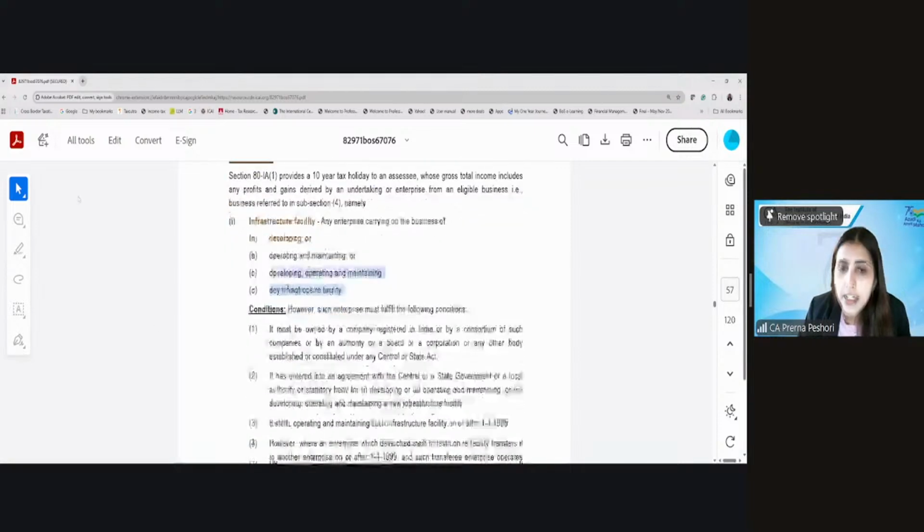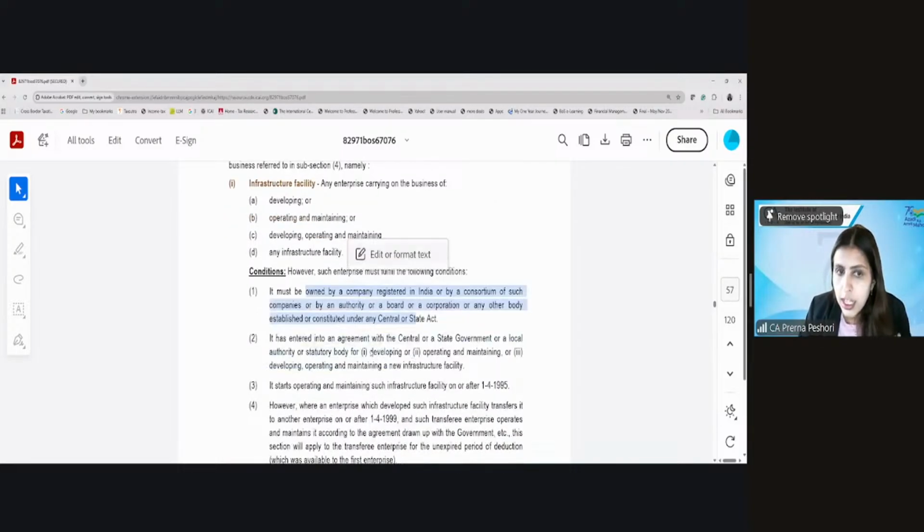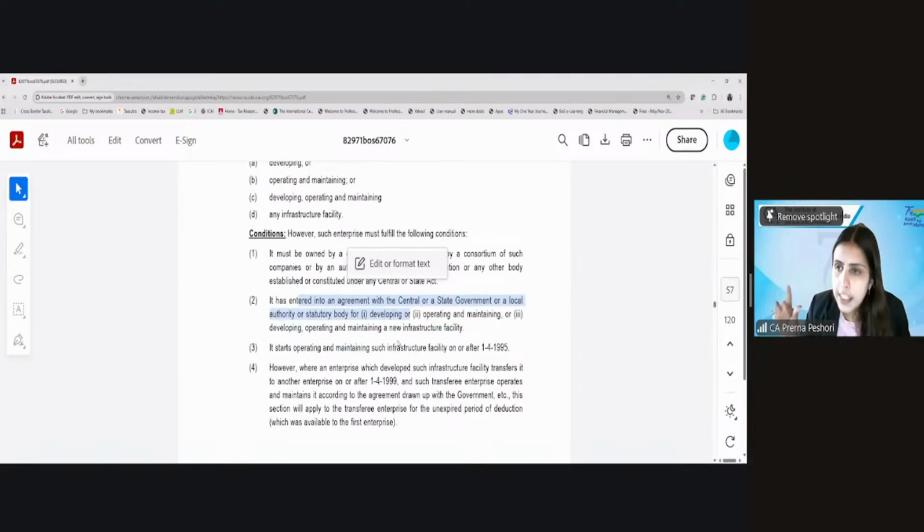If these enterprises are owned by a company registered in India, or by a consortium of companies, or by an authority, board, corporation or any other body established under a central or state act, and it has entered into an agreement with the government or local authority for developing, operating and maintaining the infra facility. Basically, an Indian company carrying out these activities and it has entered into an agreement with either local authority or the government.